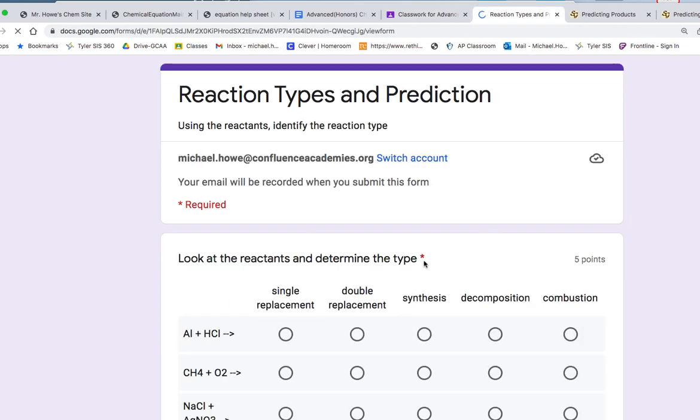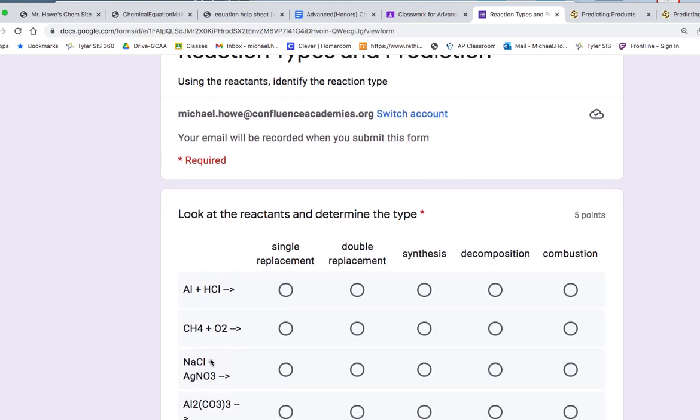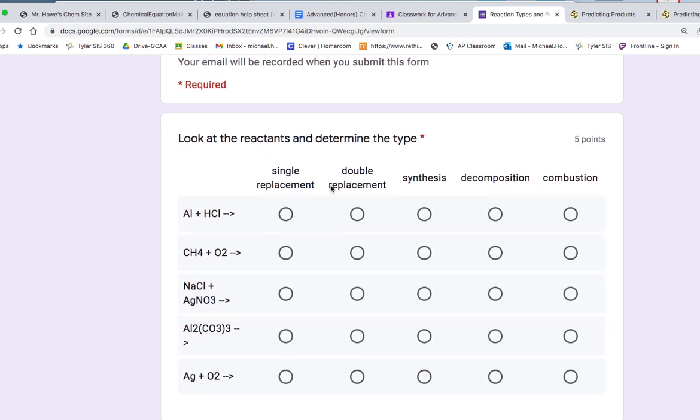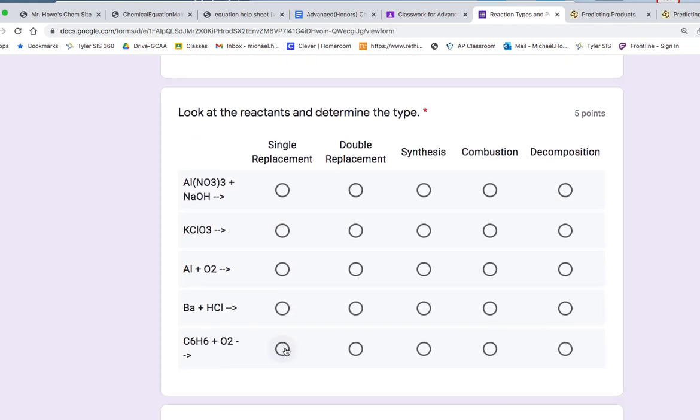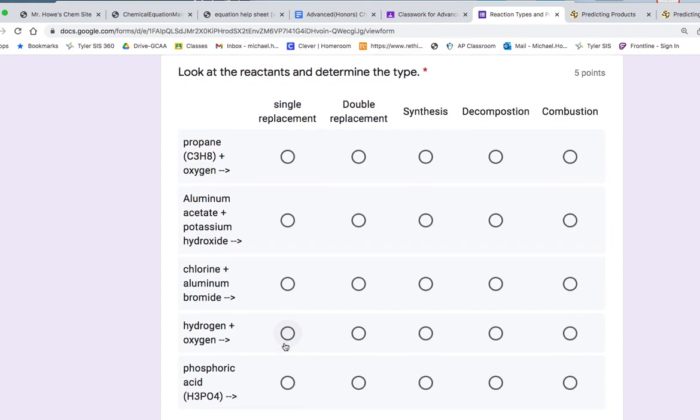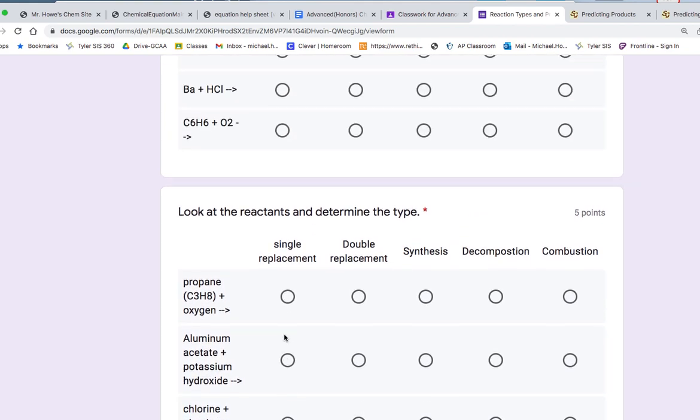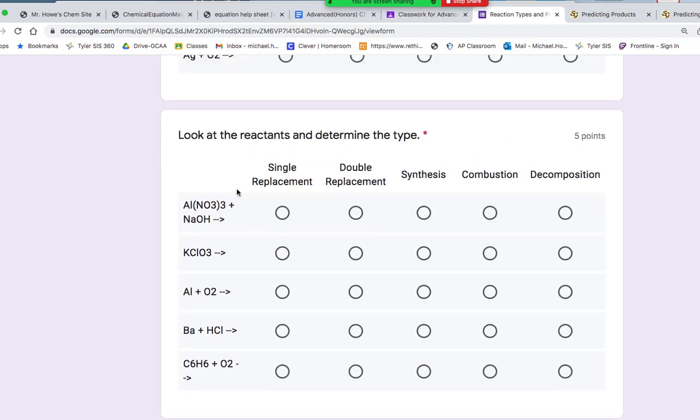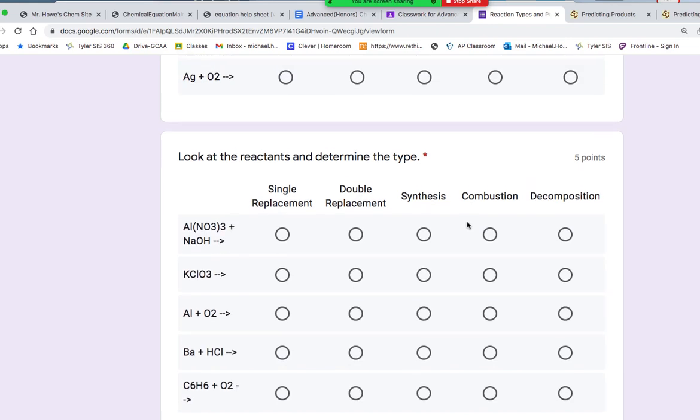So the way this quiz works, you're going to look here and identify which it is. There's one of each on this list. Good. Okay, so there's one of each. So if you use single replacement for this one, then it won't show up. You won't be able to use it again. So you understand what I mean? So there's five reactions, there's 5 types, there's one of each.